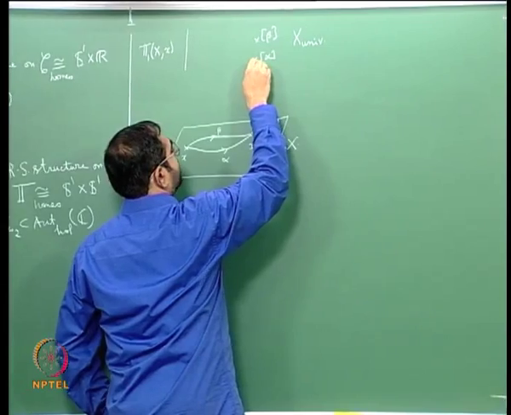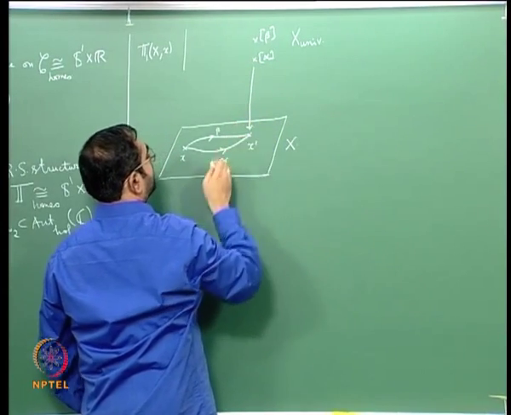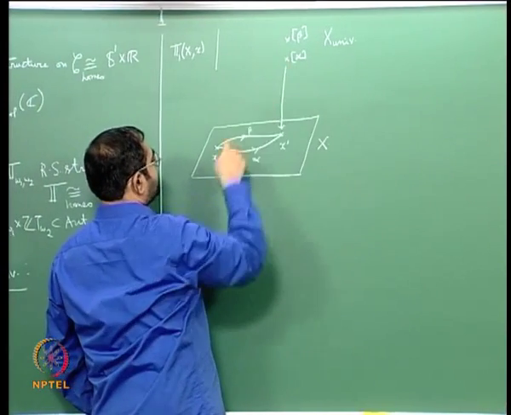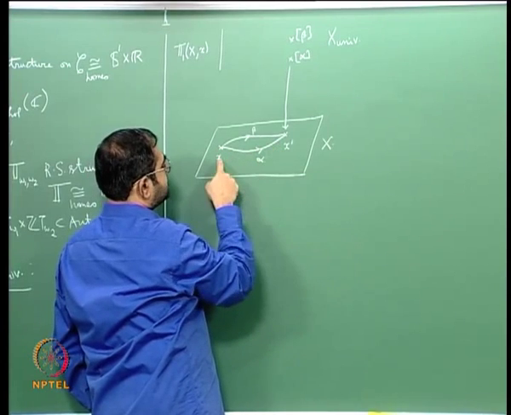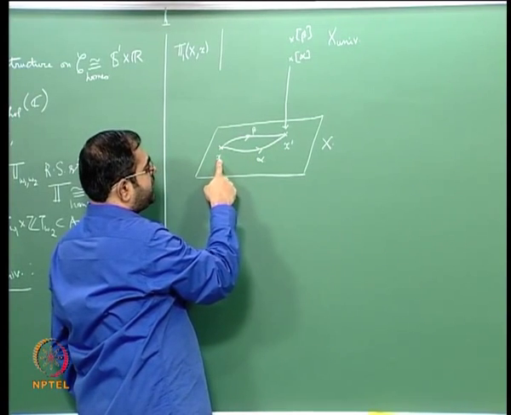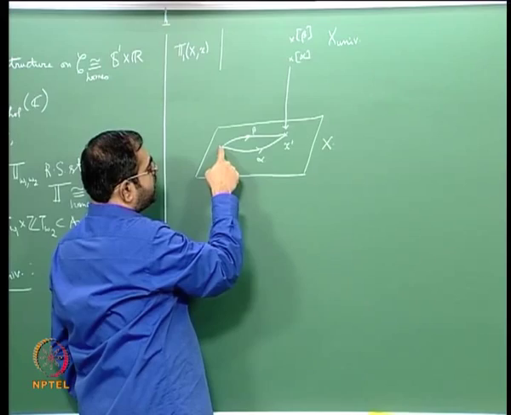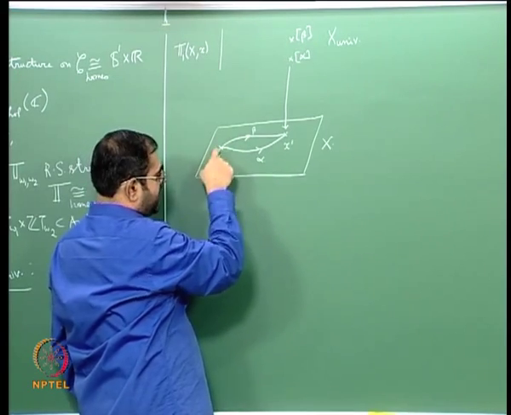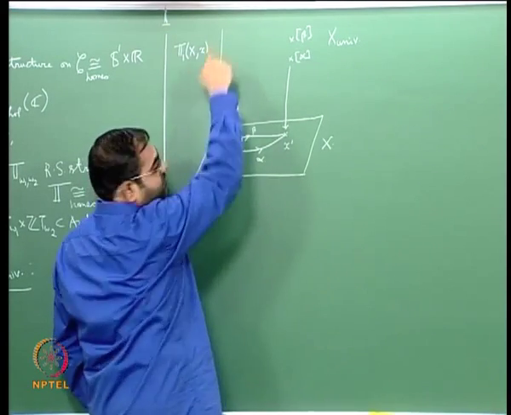So this is what is going to go to x prime, and you see if x prime is equal to x, what am I going to do? I am going to just put homotopy classes of paths starting at x and ending at x, and therefore I am going to get the fundamental group.